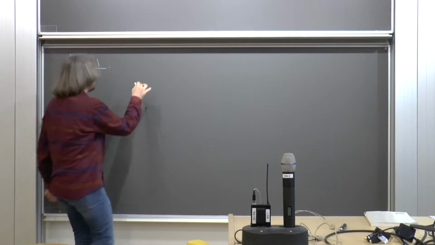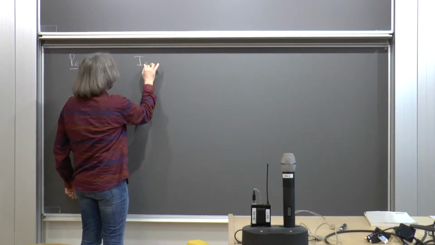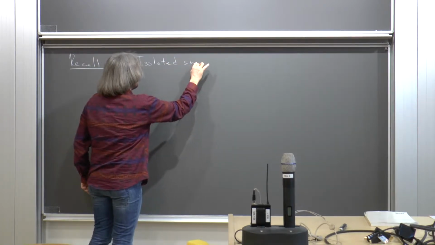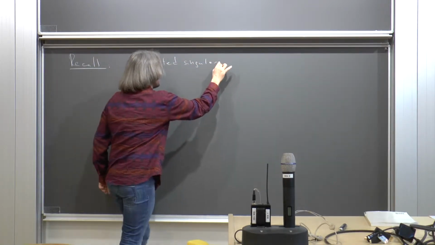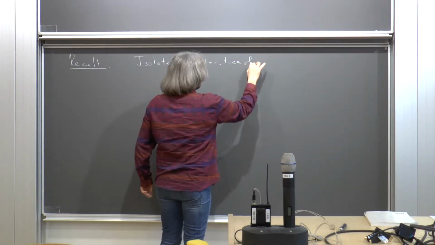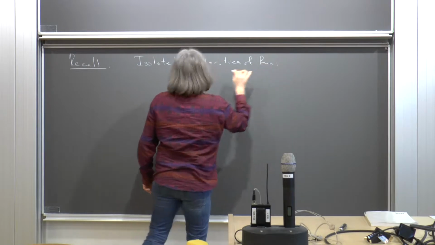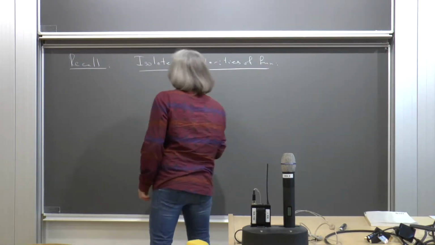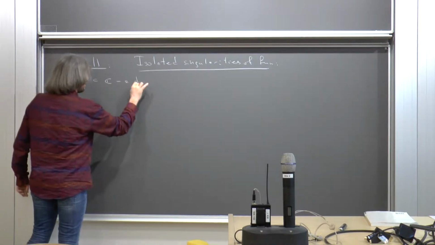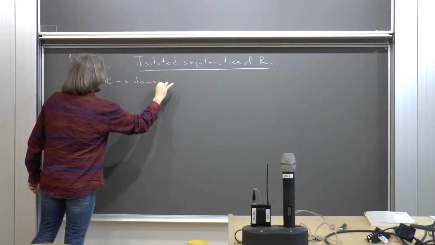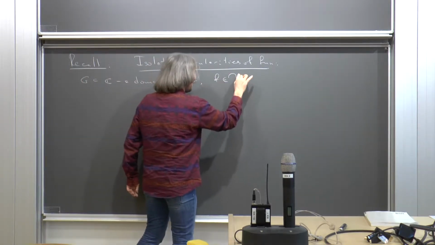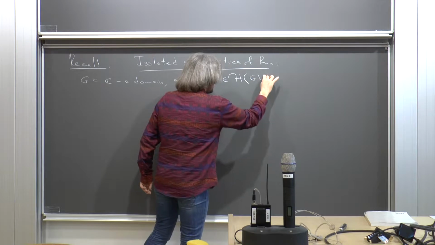So let's recall what we were discussing. We were talking about isolated singularities of functions. So we had G, a domain in complex numbers, and A is a point in the domain, and then there was F, which was holomorphic in the domain outside this point.